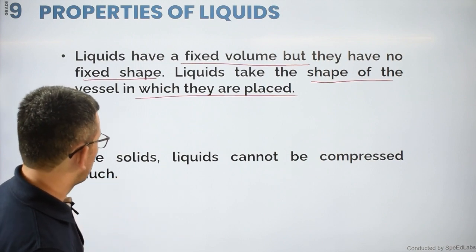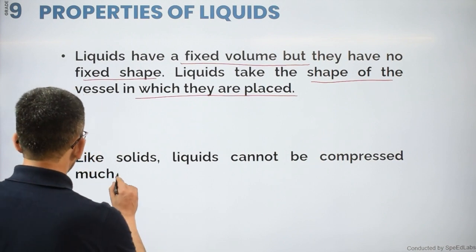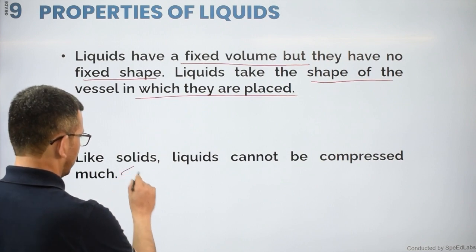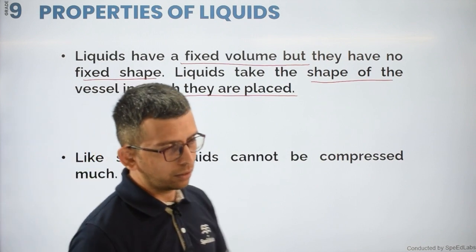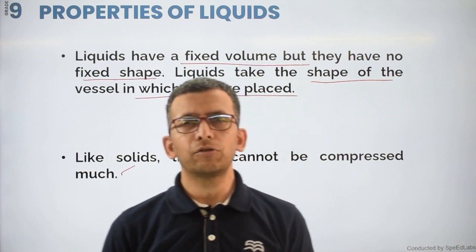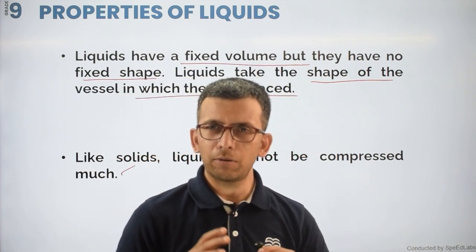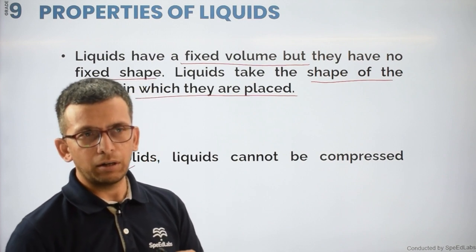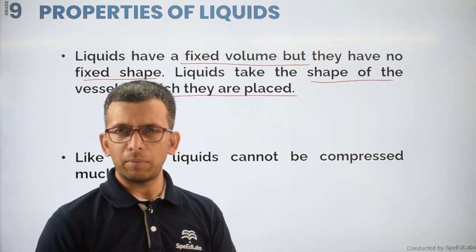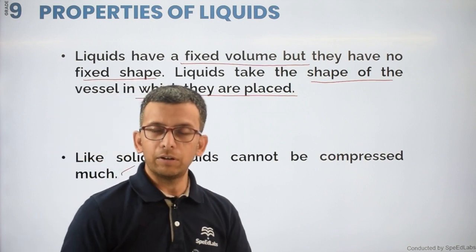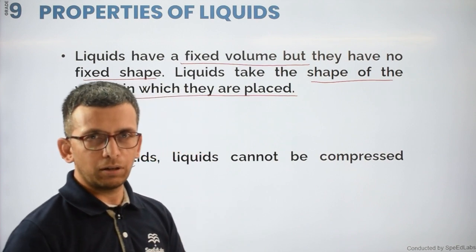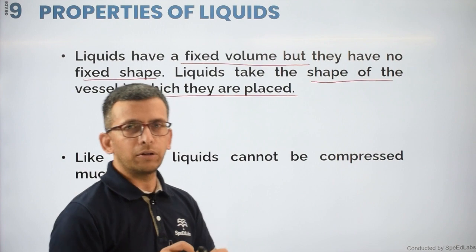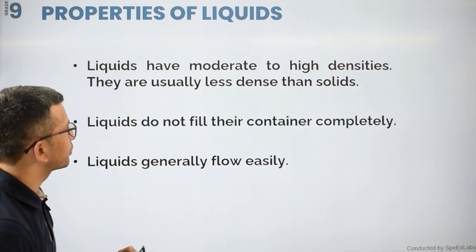Now, like solids, liquids cannot be compressed much, because of the same reason, my dear student. If there is less intermolecular space, compressibility is not possible in any matter. In liquids, compressibility is somehow there, but in solids it is extremely low because they do not have any intermolecular space between them.